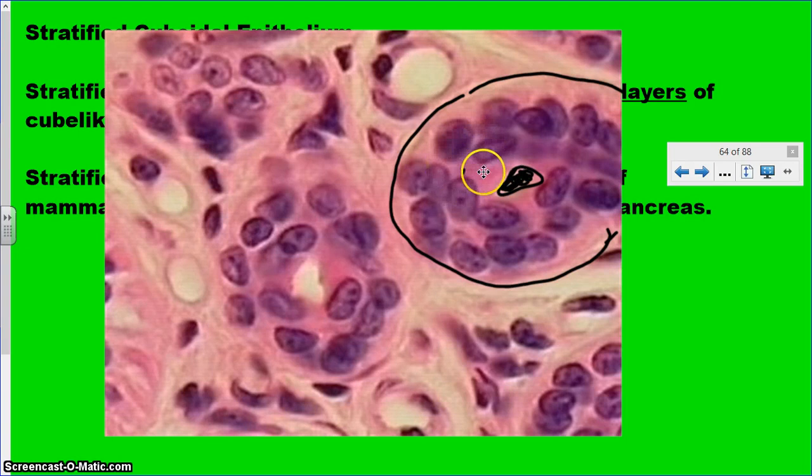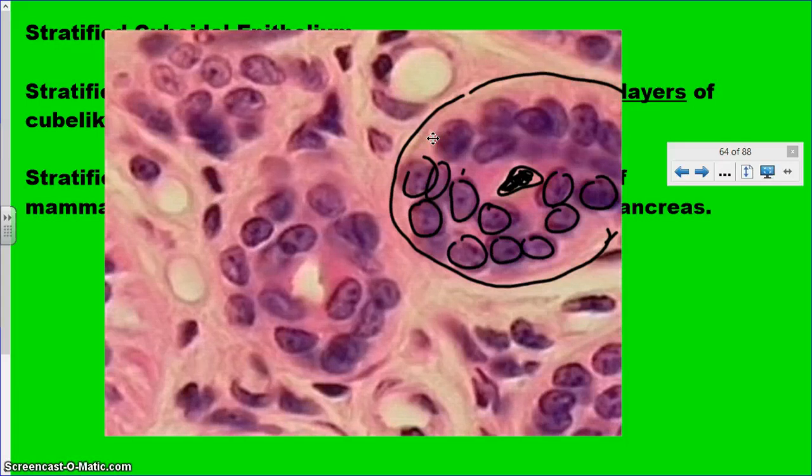And so out here we have our cube-shaped cells. Here you can see there's two or three layers of these that kind of go around. The darker purple is easier to see, that I'm circling. That's the nucleus. The cell membrane is a little bit tougher, it's just represented by that pink blob you see around the purple.